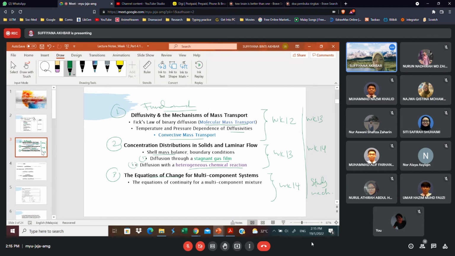For equations of change here, we use the equations of continuity for multi-component mixture. It's quite similar with the momentum and energy transport steps. First we look at the fundamental, then we go to the shell balance, and then we go to the equations. Okay, similar.